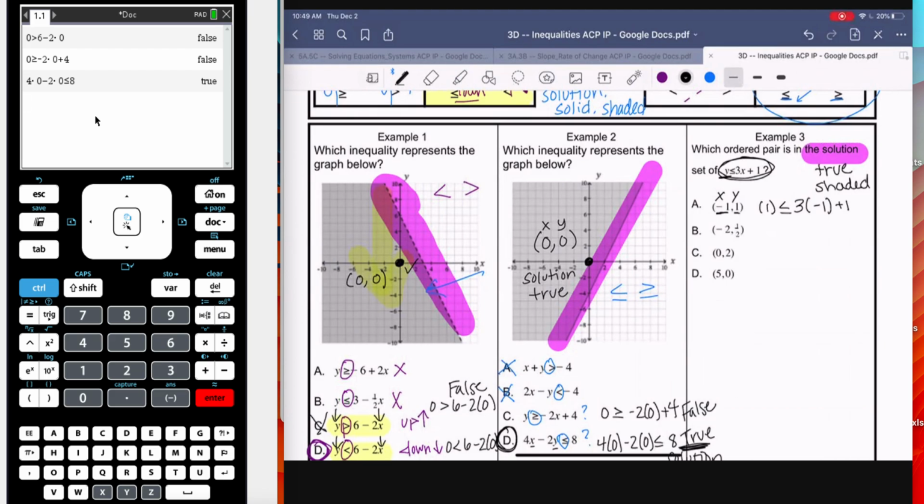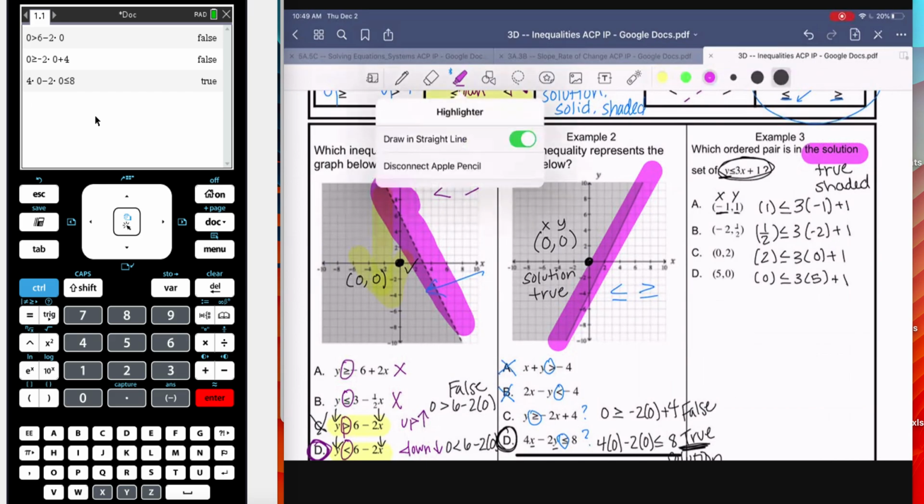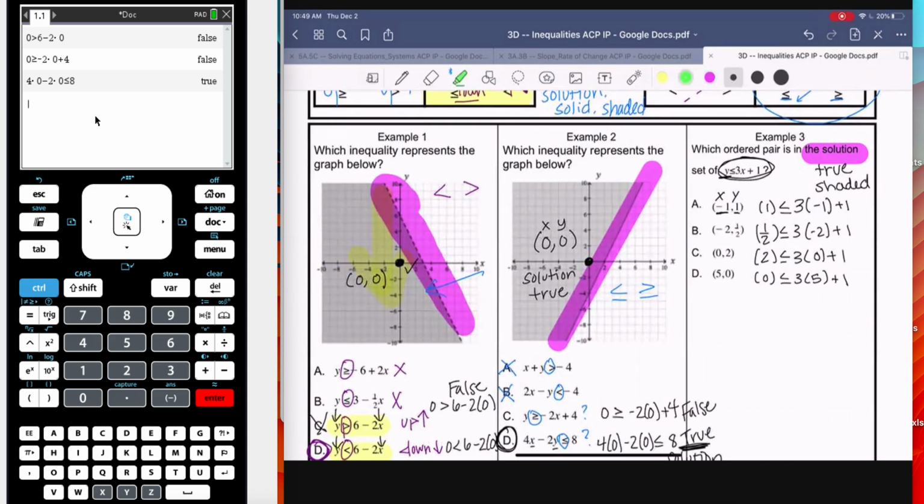So I'm going to write out all of these. 1, 2, 3 times negative 2, 2, 3 times 0. What I just did was plug in my x where the x is in the equation.